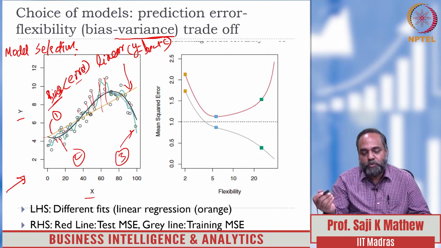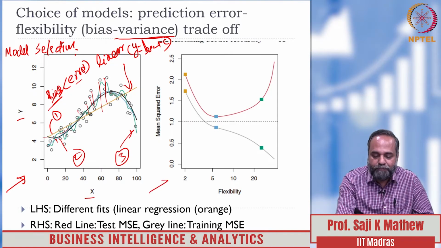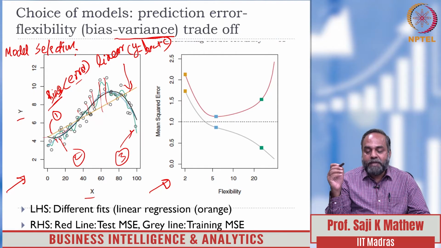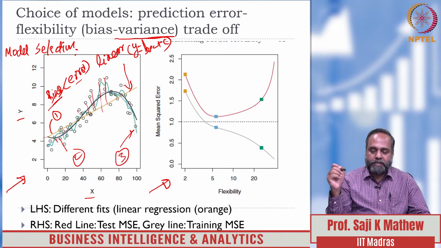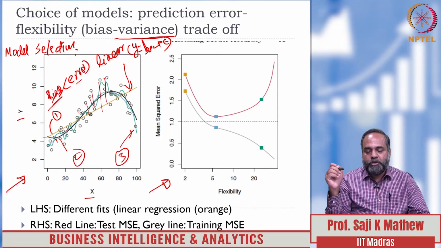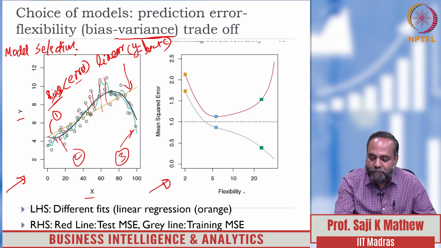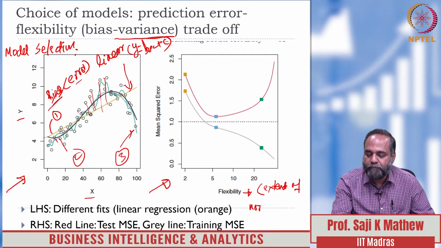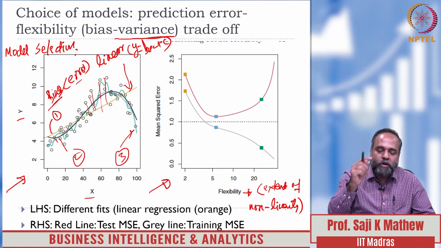Now let us come to the next graph. The next graph has flexibility as the x-axis and mean square error as the y-axis. Let me explain the axes. Here flexibility actually means the extent of nonlinearity.